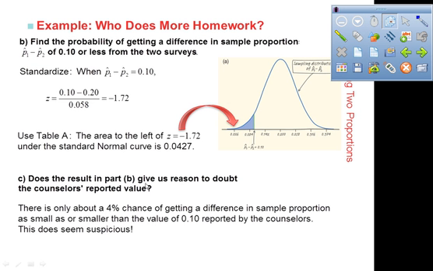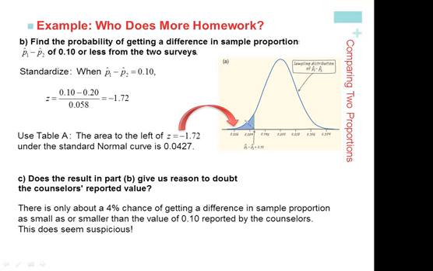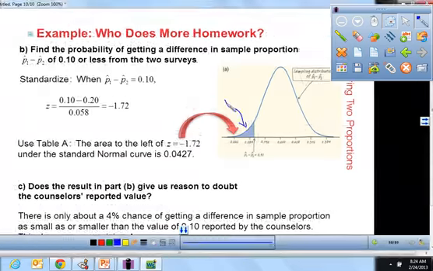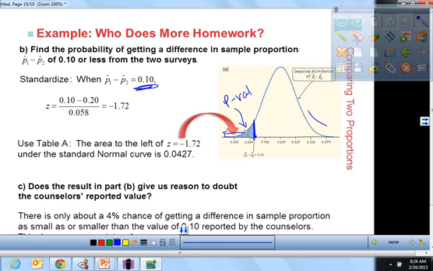Does the result in Part B give reason to doubt the counselor's reported value? Well, there's a 4% chance that they could have gotten this difference or something more extreme, because isn't this right here a p-value? Remember that this is also denoting the p-value, because it's the probability I could get this value, which is what I got, or something more extreme, given that the null is true.